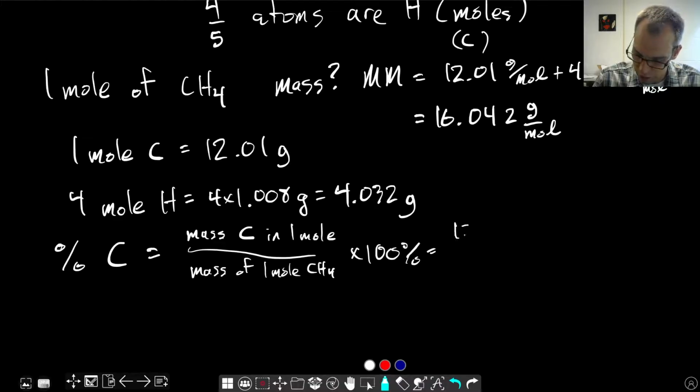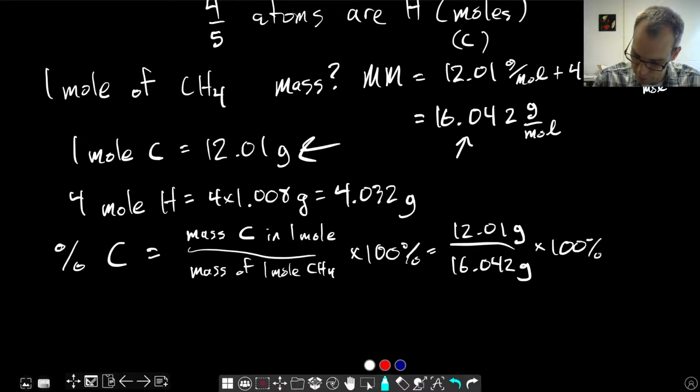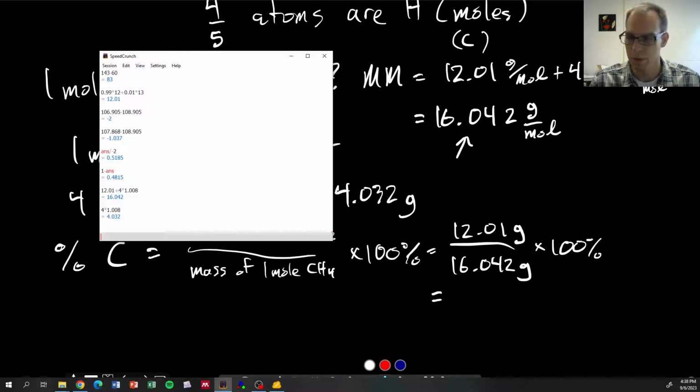Okay, so we'll have our 12.01 grams divided by our 16.042 grams, times 100%. And that gives us a value of 12.01 divided by 16.042 times 100.